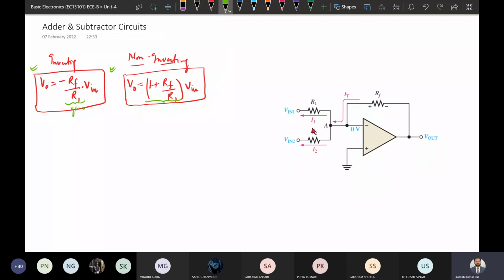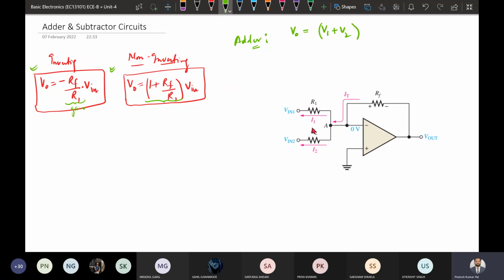Now the adder. If you want to add inputs, the output we get should be the addition of the first input and the second input.